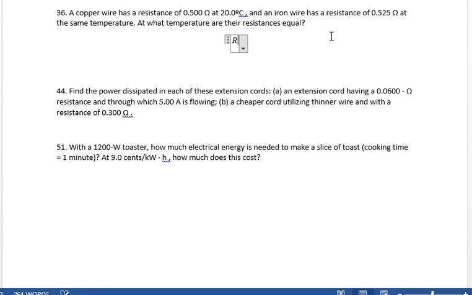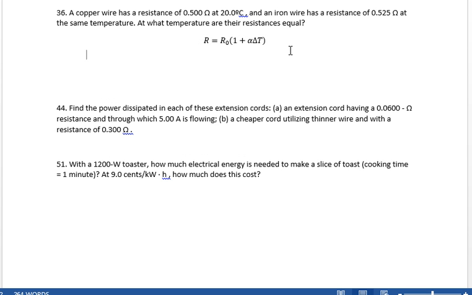Well, resistance as a function of temperature goes as R equals R at a particular temperature times 1 plus alpha delta T, right? Okay, so we don't know what delta T is, but we know where we start out, and we need this constant alpha for each material, which is the temperature coefficient of resistivity.